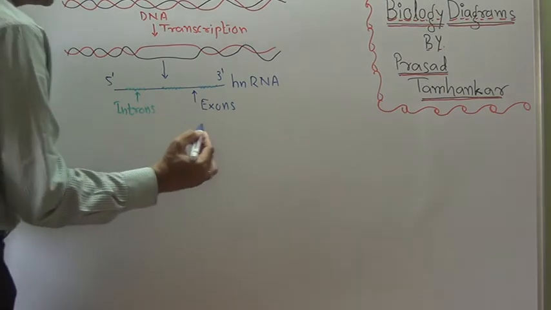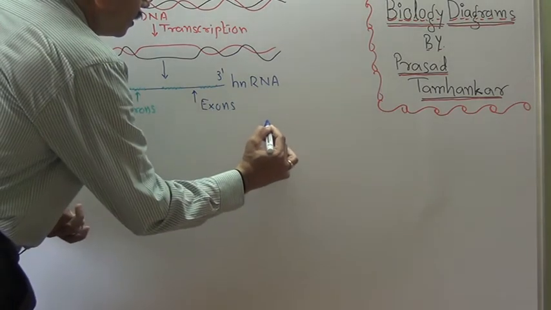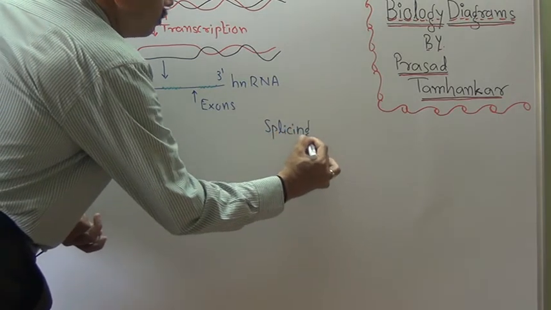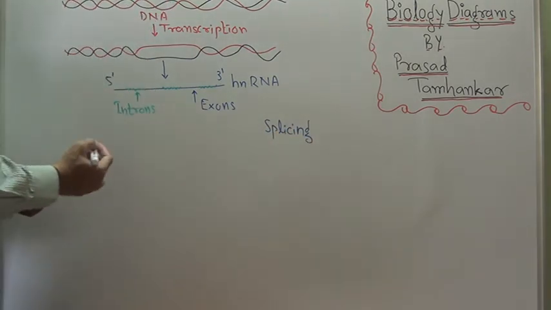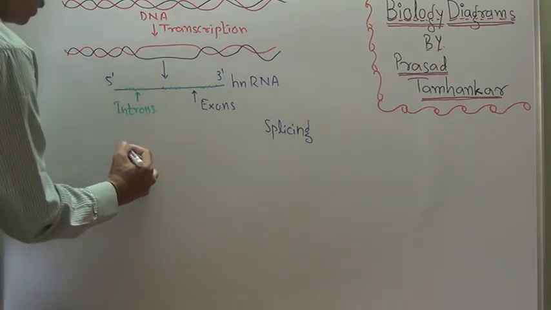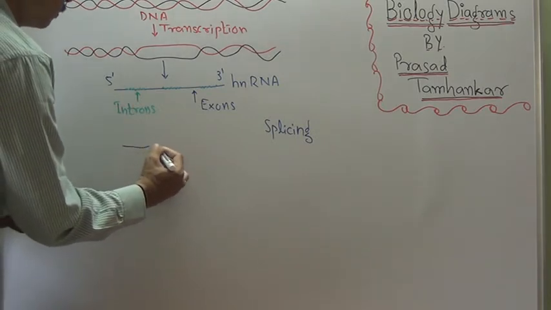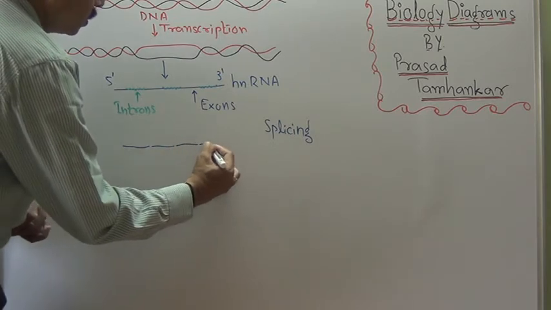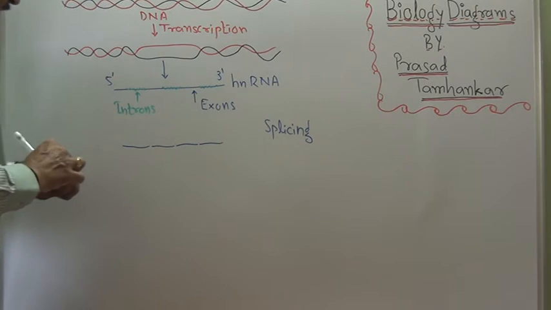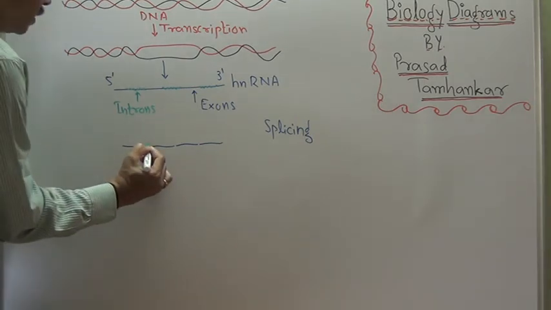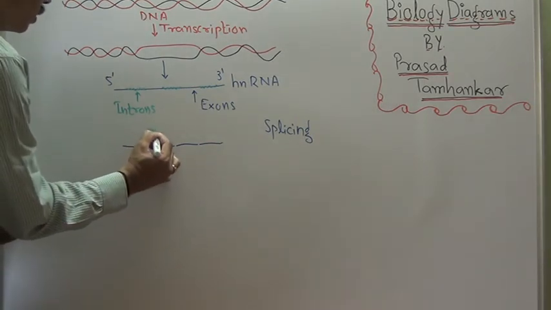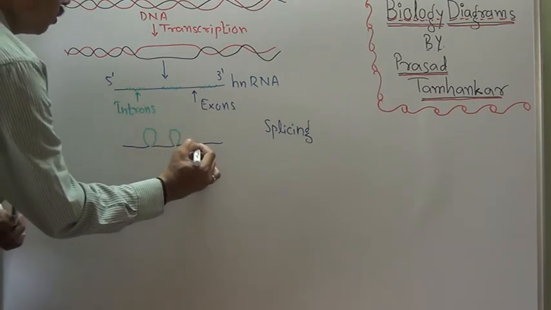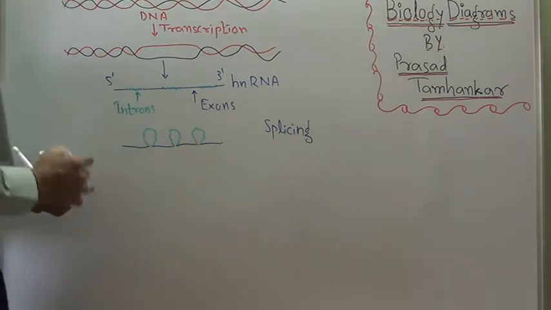First process we'll call splicing. What is splicing? Splicing is actually the process of removal of introns. So the hnRNA will undergo coiling, and during this process of coiling the introns would come together like this, and there will be splicing of introns.